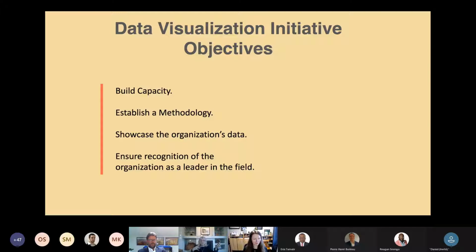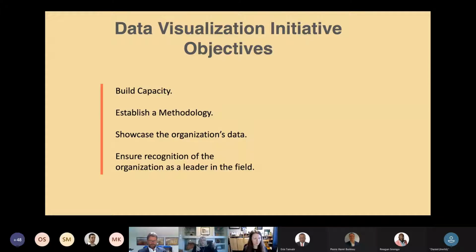We created change, but we didn't really change the organization. It sparked some changes, but it wasn't a systematic, intentional thought. And in the data visualization initiative, the sustainability of this initiative was first and foremost.